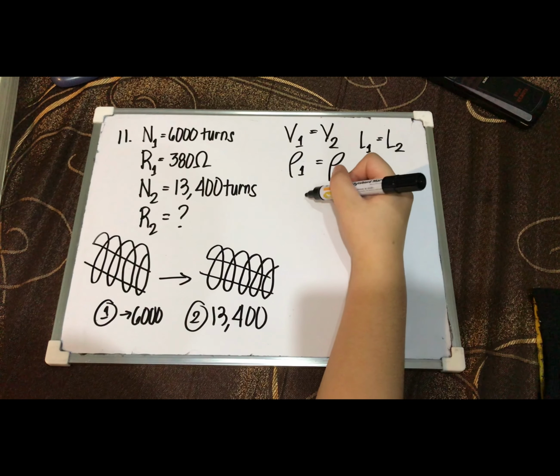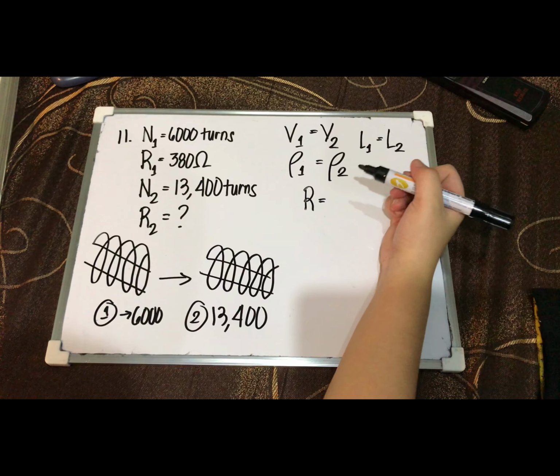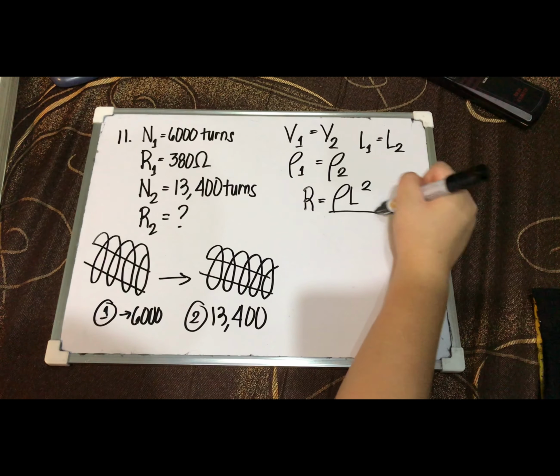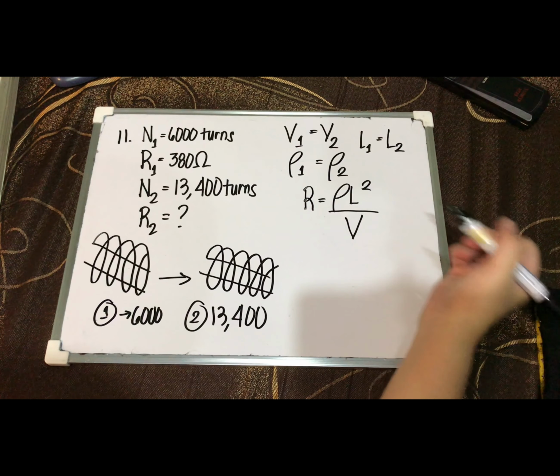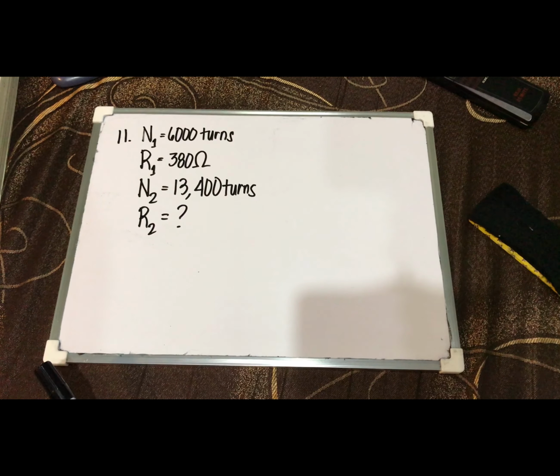So, pwedeng ang gamitin natin na formula ng resistance dito ay specific resistance L squared over volume. So, masosolve natin yung problem using ratio and proportion.